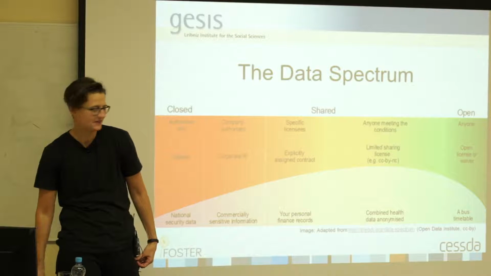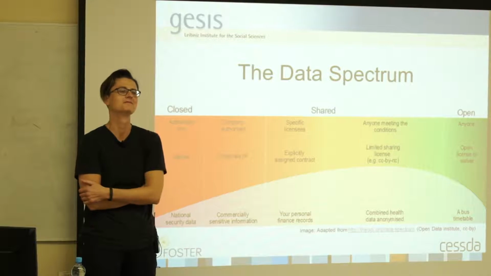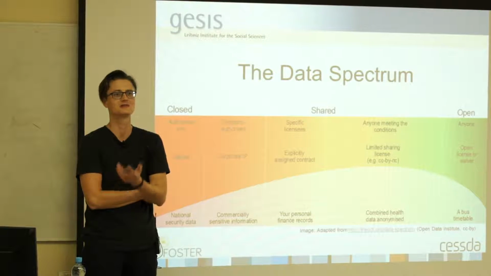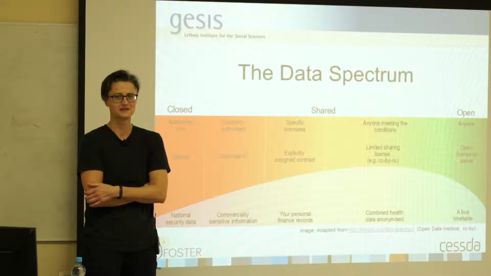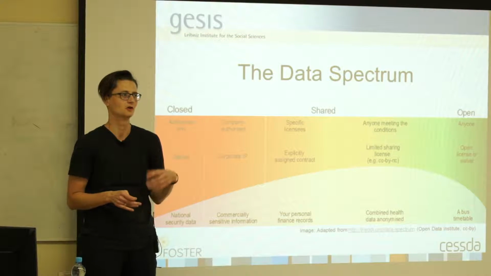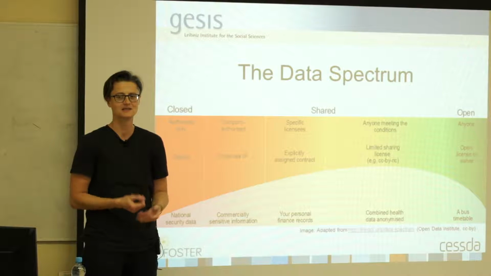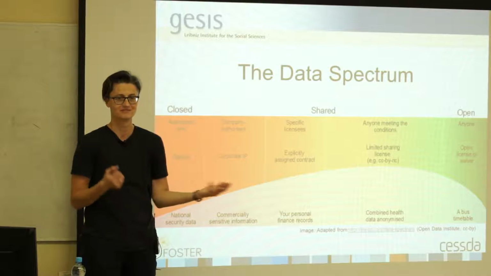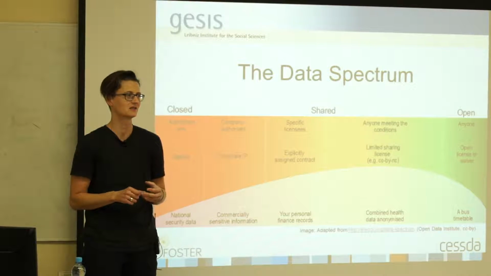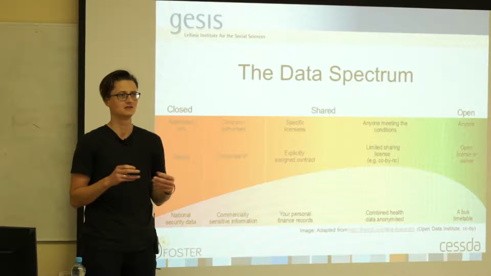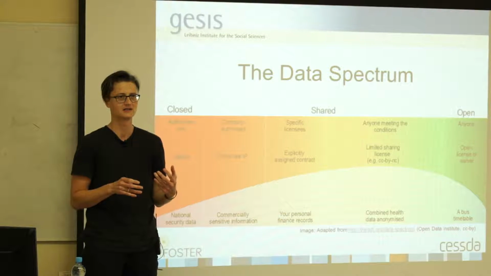So we already, throughout the workshop, once and again, used the word open data or open science, and at the same time we discussed, especially in the last session, possible limitations to sharing your data.